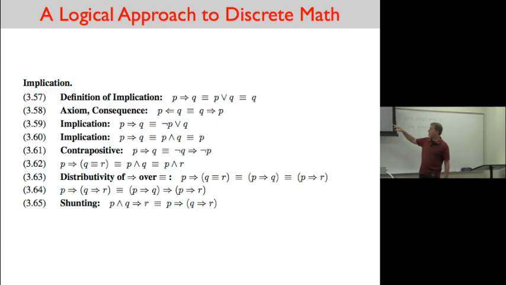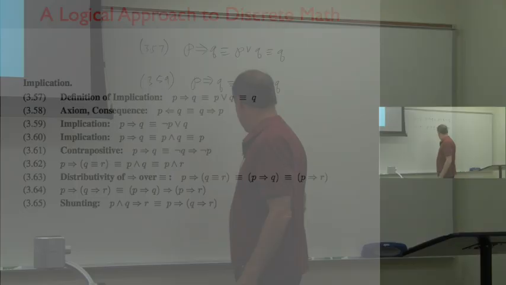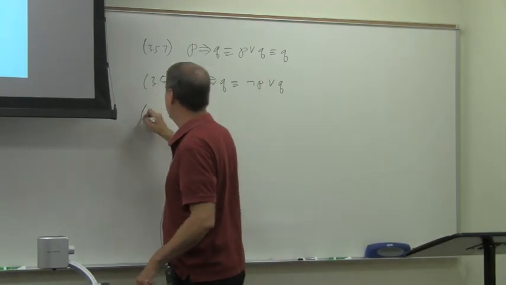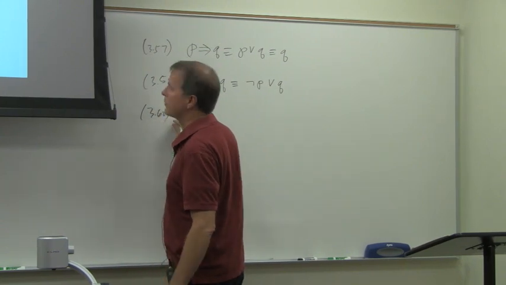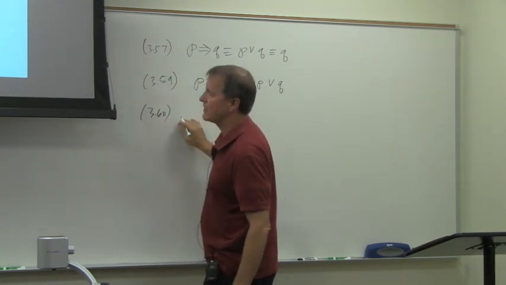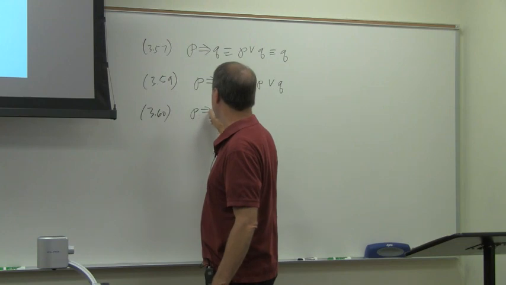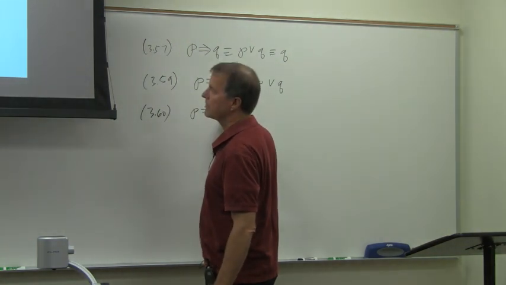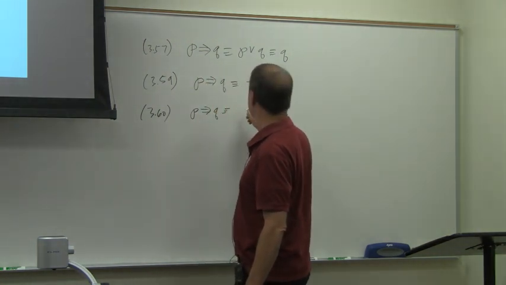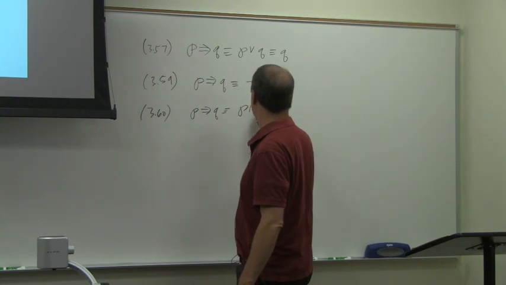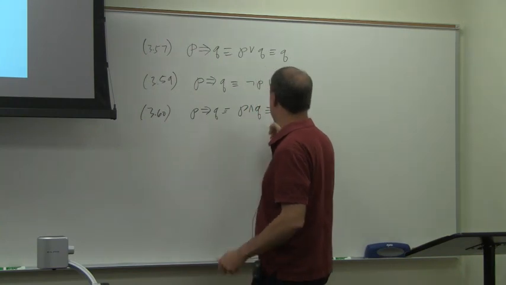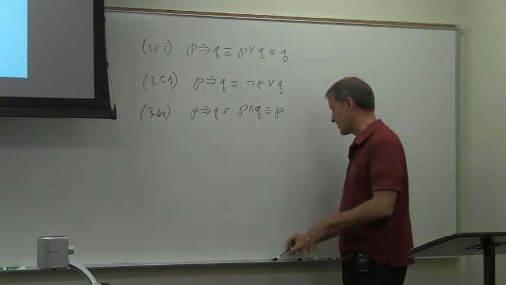And here's another one, 3.60, another way to get it back and forth. This one's P implies Q equivales P and Q equivales P. Now this is really kind of interesting, isn't it?